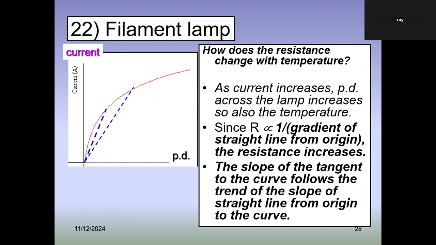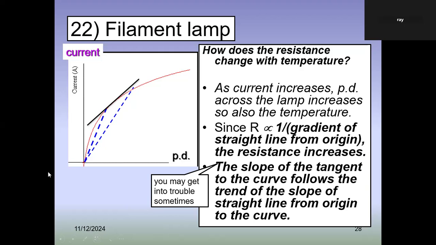The slope of the tangent to the curve follows the trend of the slope of the straight line from the origin, but you cannot use the slope of the tangent. If you want to calculate resistance, it must be 1 over the gradient of the straight line from the origin, not the tangent to the curve. The tangent to the curve is a rate, but we did not define it as a rate. We define resistance as the ratio of V over I.